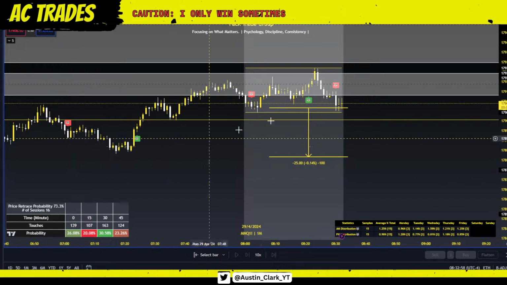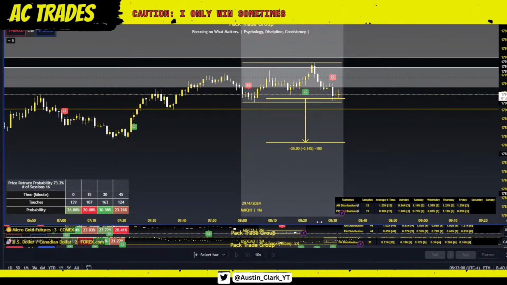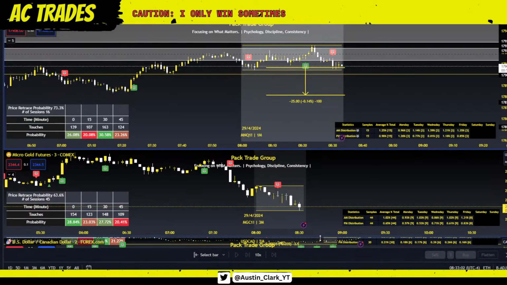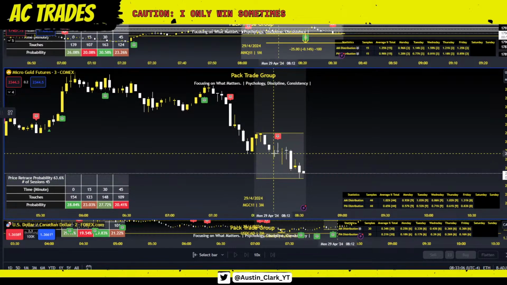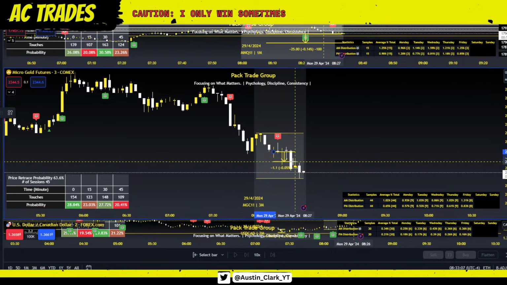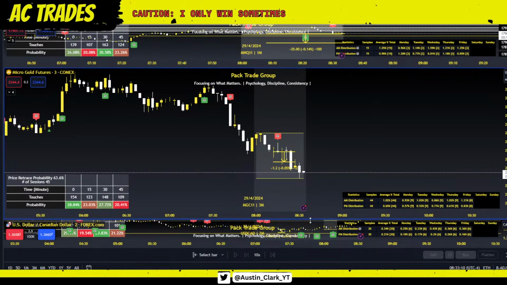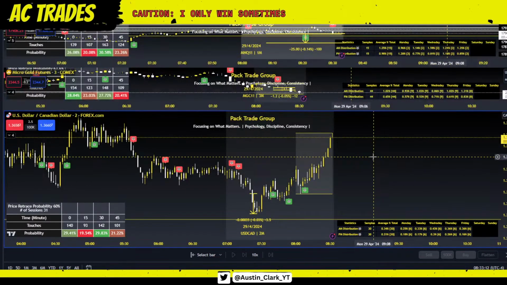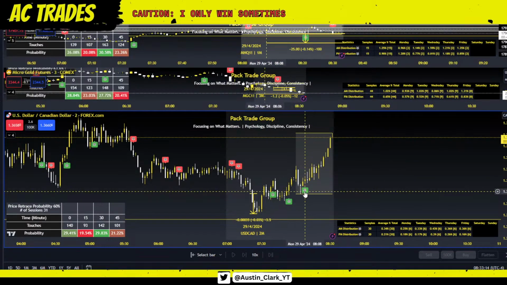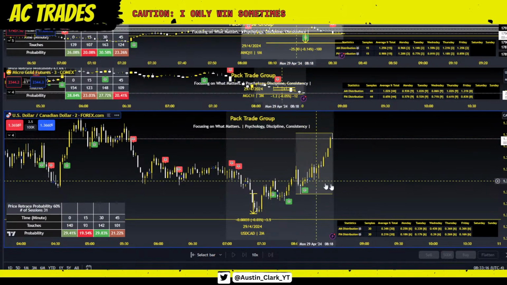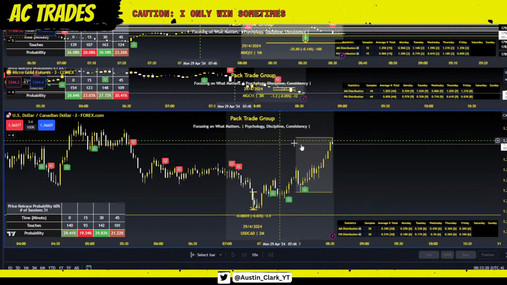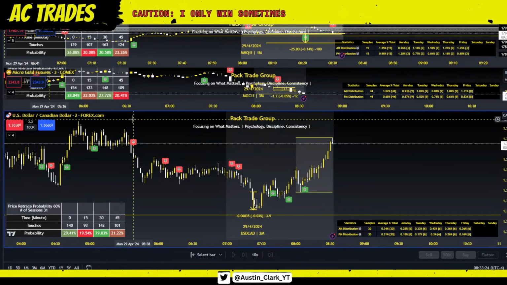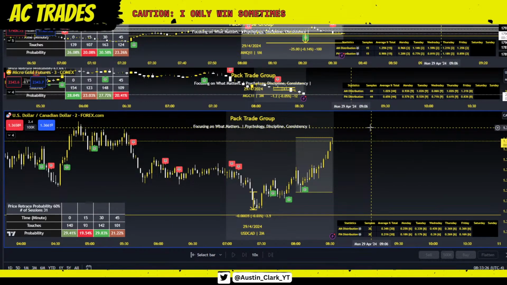I've also been demo trading USD CAD because I'm going to be trading a live cash account soon. Looks like gold hit a nice TP right here for those of you that took gold. Right there, look at that. And it looks like my first TP hit, and I'm just trying to see what the spreads are like on Forex.com. Forex.com has a pretty unique raw spreads account.